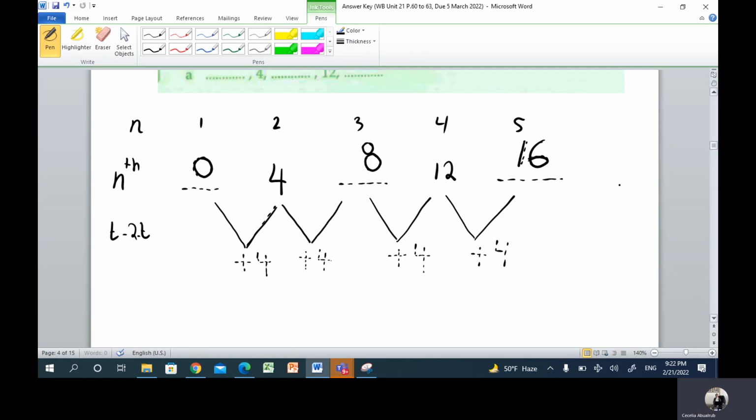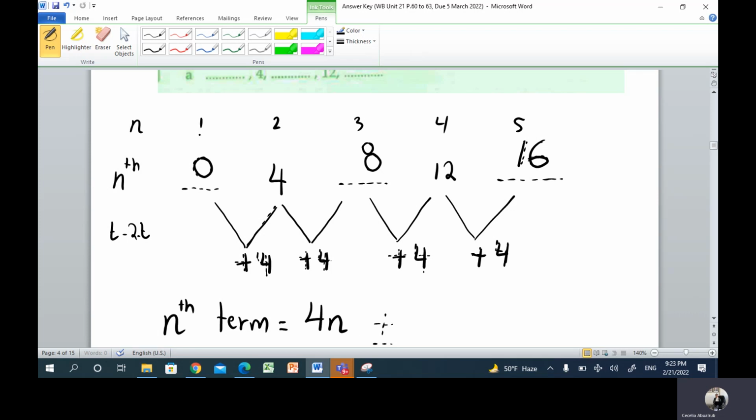Now, since the term-to-term rule is plus 4, plus 4, plus 4, so it is fixed throughout the sequence. Can we write here the nth term? Of course we can. So we take the term-to-term rule and we write 4n. And here we're going to say plus a number or minus a number. How do we know that?